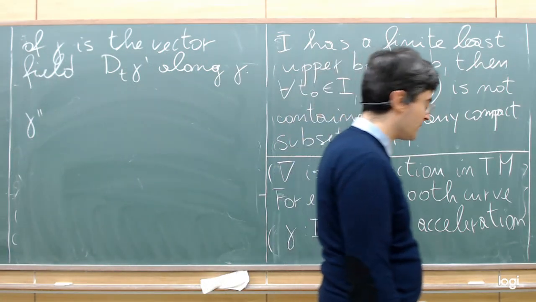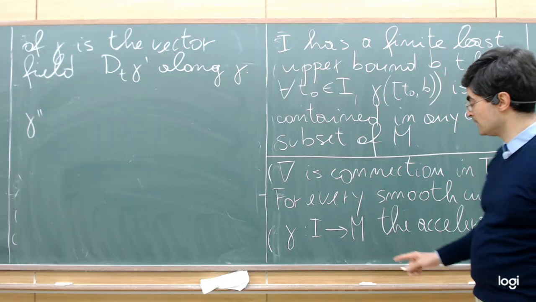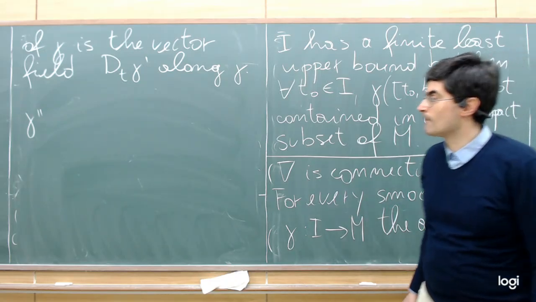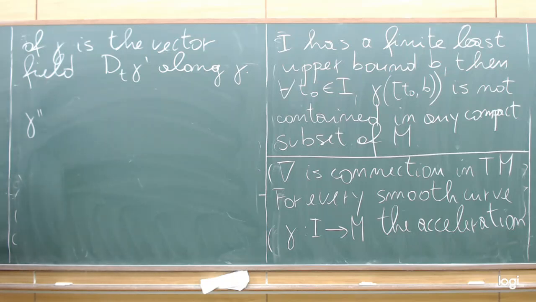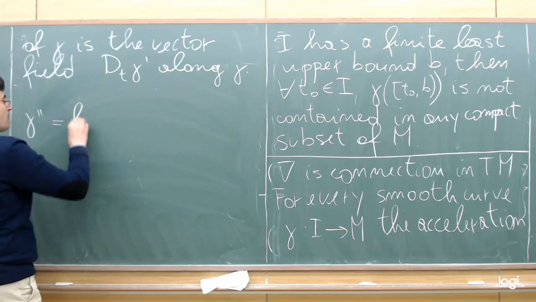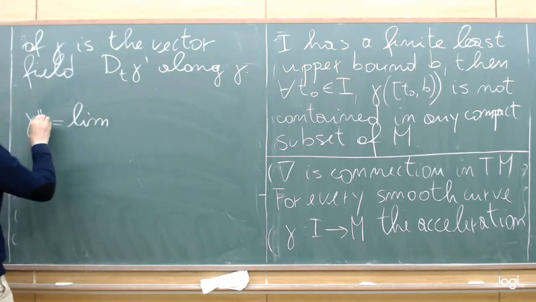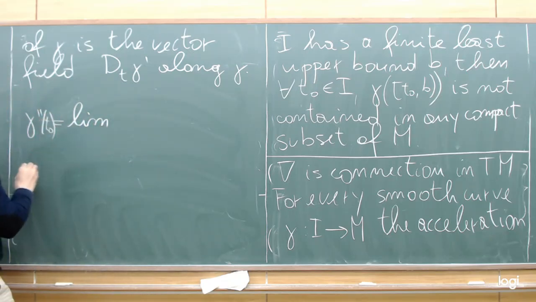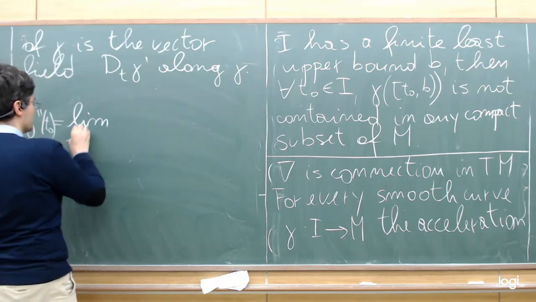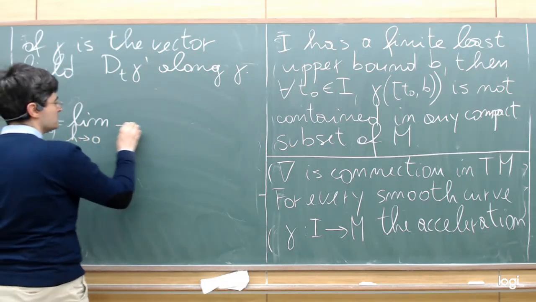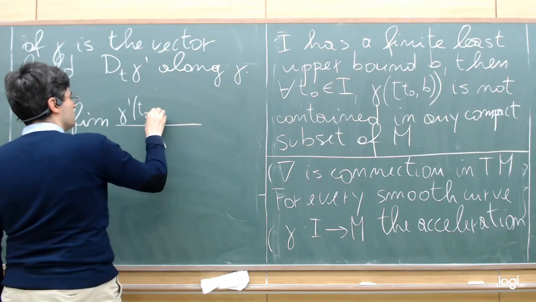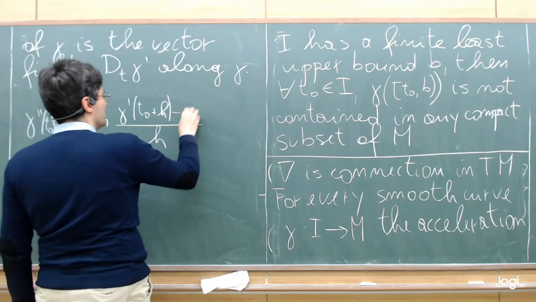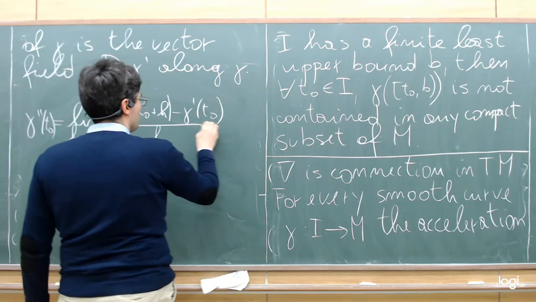Because if gamma is a curve on a manifold M, it does not make sense to compute gamma second as a limit, let's say at t0, limit as h tends to 0 of gamma prime t0 plus h minus gamma prime t0.